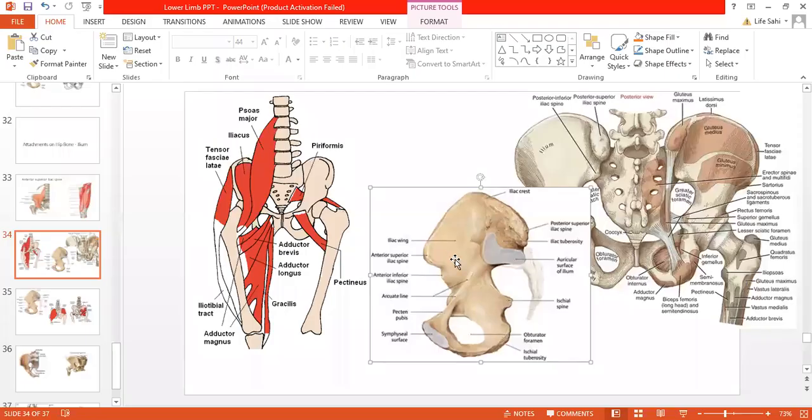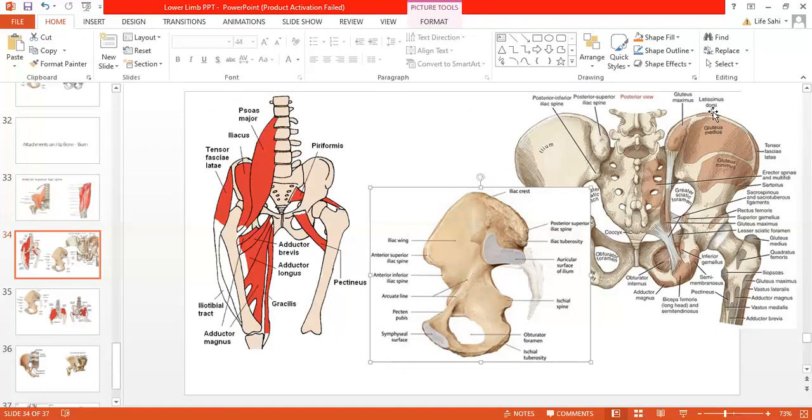Now starting with the attachments on the iliac crest. Since we mentioned it in the earlier lectures when we were studying the bony features of the ilium, we know that this iliac crest is a thick ridge-like margin or the border that forms the superior limit of the ilium. It extends anteriorly from the anterior superior iliac spine till posteriorly to the posterior superior iliac spine.